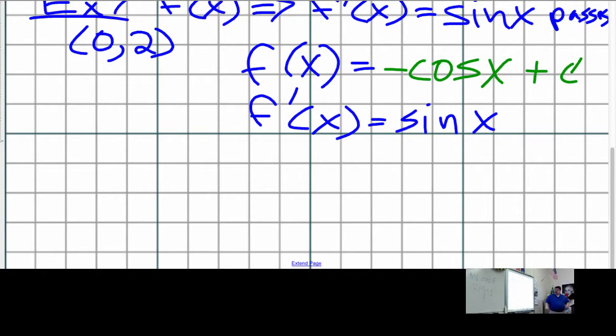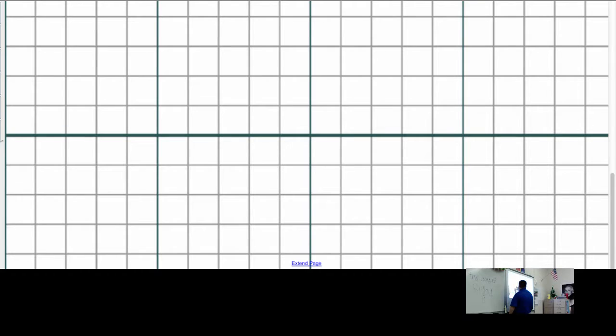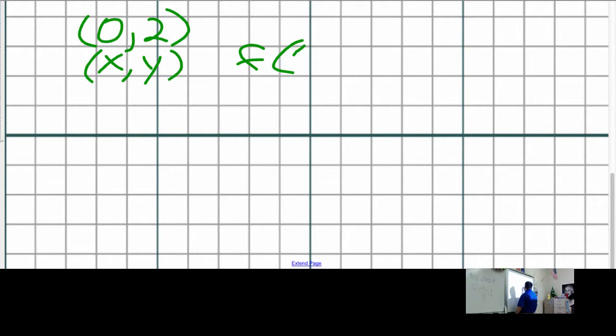So now, how do I figure out what c is? Put in the 0 and the 2. Yep, we're going to have to plug that in. I have the point 0, 2, and this is my x and this is my y. So f of 0 is equal to negative cosine of 0 plus c.